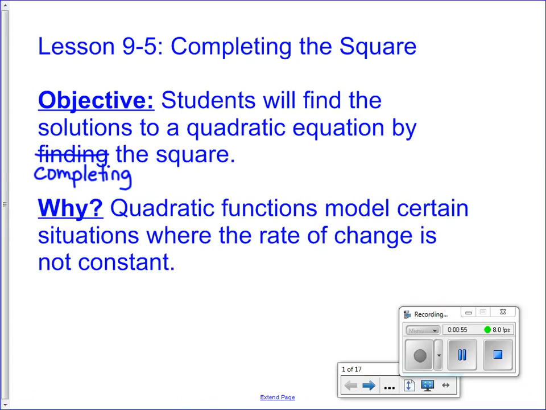And then tomorrow's lesson, we're going to be using the quadratic formula, which is the last way that we have of finding the solutions. Also recall, finding the solutions means finding the x-intercepts of the graph. It means finding the roots of the equation or the zeros of the function, just to review our vocabulary.